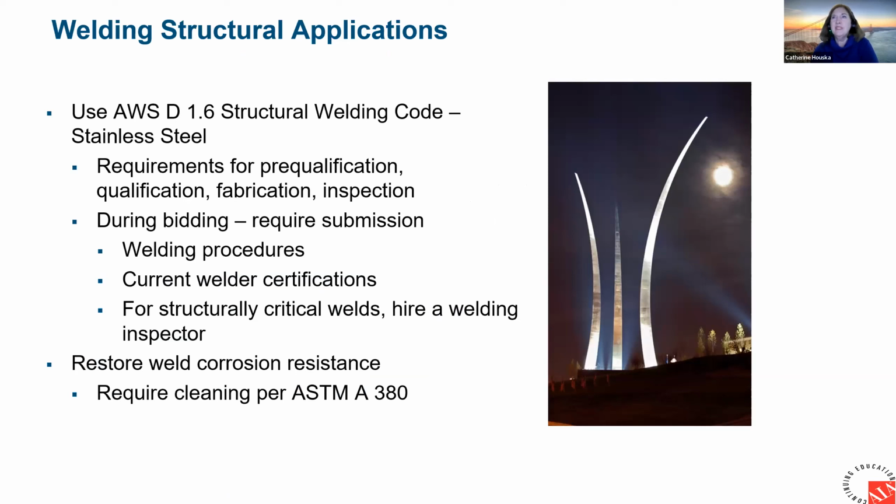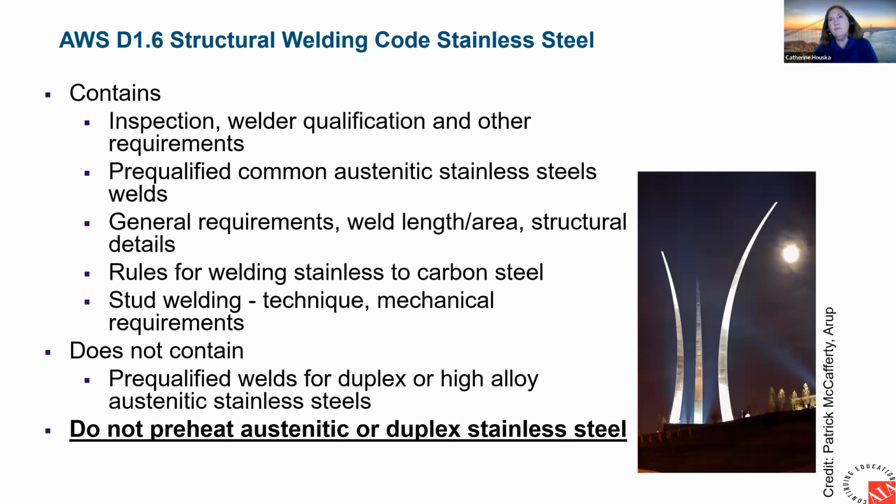AWS D1.6, the structural welding code, has been mentioned. It covers all the basic requirements, but there are things that you will need to specify within it. So please don't assume that you can just call out D1.6 and be done with it. It is comprehensive.